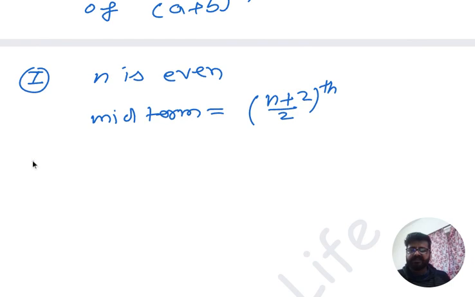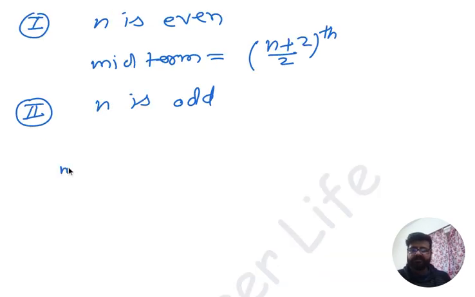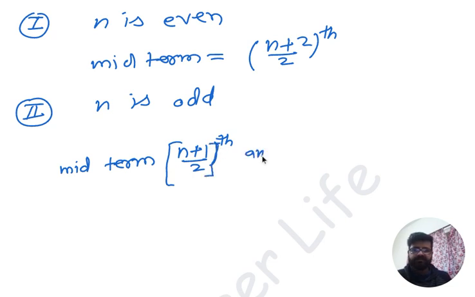And in the second case, if n is odd, then the midterms will be the (n plus 1) by 2 th term and the (n plus 1) by 2 plus 1 th term.